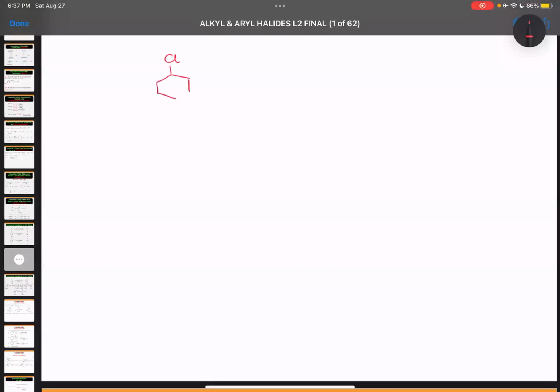The chlorine is having the lone pair of electrons. And these lone pair of electrons get into the benzene ring. These lone pairs are the pair of electrons which were earlier not participating in the bonding, but because the benzene is having the lone pair, they actually participated.